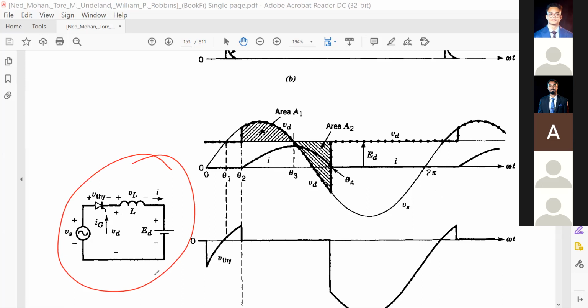Then suppose it is like a DC motor with the armature resistance of 0, and this ED represents the back EMF, and L is the armature inductance. Okay, here we have applied the gate pulse. First, let us see, what is this line?